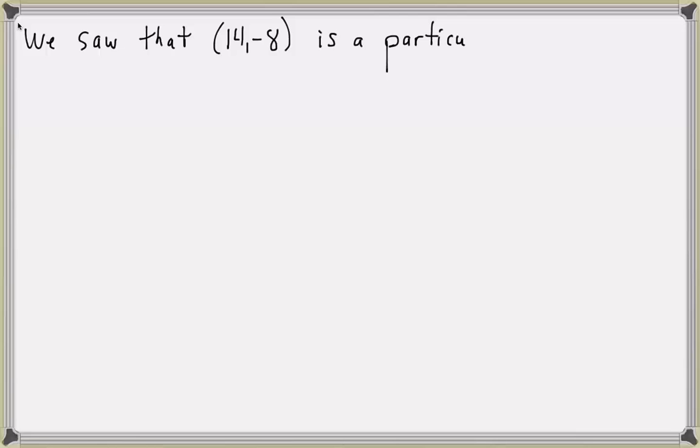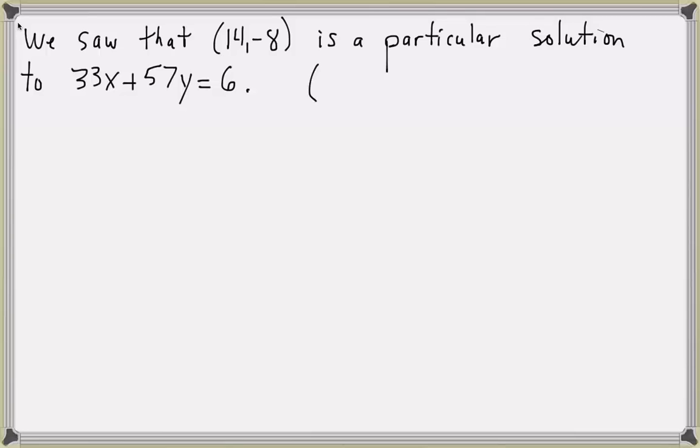So we saw that the point (14, -8) is a particular solution to the linear Diophantine equation 33x plus 57y equals 6.